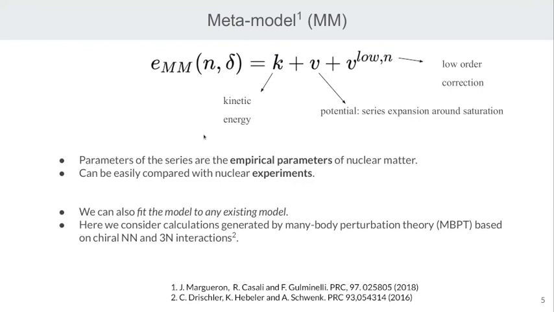The advantage of this approach is that the parameters of the model are the empirical parameters of nuclear matter. So they have a physical meaning that I can compare, and I can talk with experimentalists to see what their values are. Another advantage is that it's flexible, and I can fit this model to any existing model. I can mimic other models.